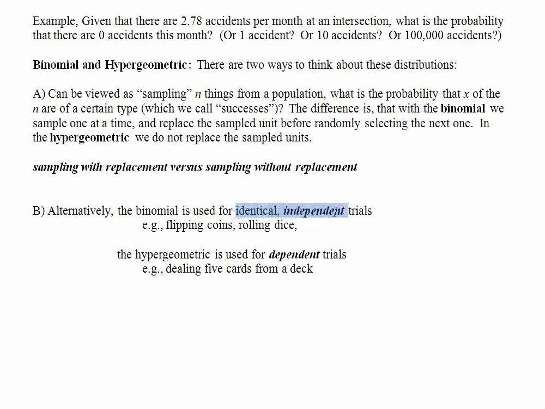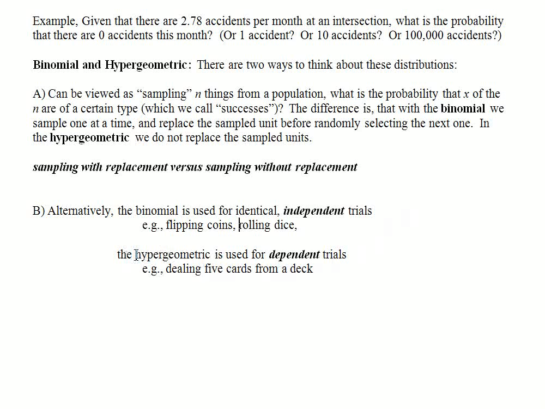So each trial, each time you pull a ball out of the bucket, for example, is independent and identical of the last time that you did it. So for example, you can think about flipping coins. Each time you flip a coin is independent of the last time you flipped a coin. Each time you roll a die is independent, meaning that the probability of a 6 this time does not depend on whether it was a 6 the last time.